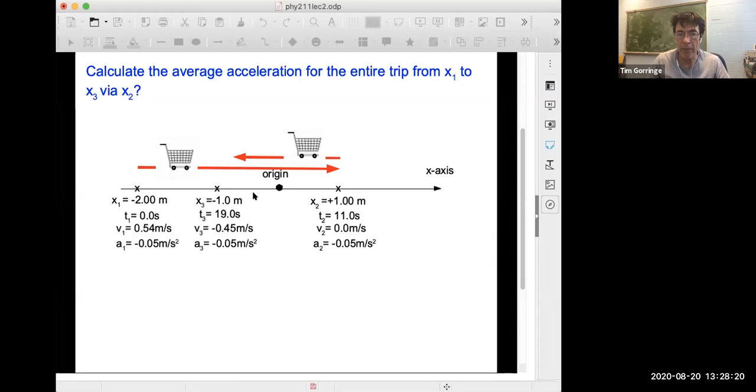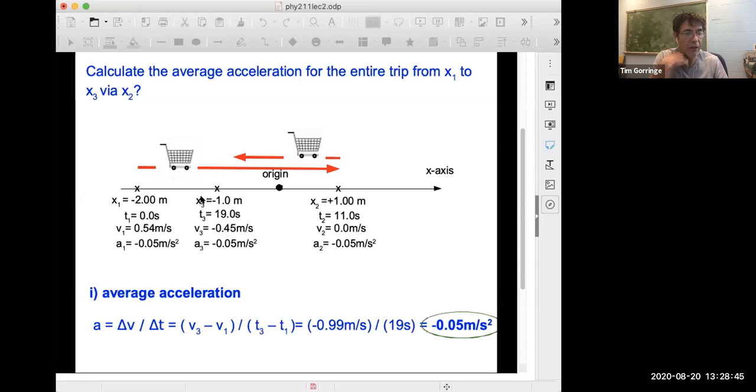On this slide, I'm just going to calculate the average acceleration for the entire trip that took the cart from the left to the right and back towards the left again, just like we did the same sort of calculations for distance and displacement, speed and velocity.